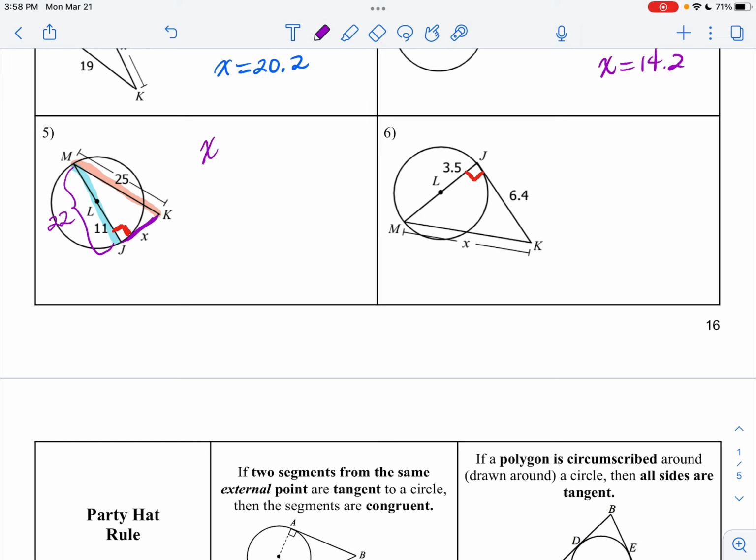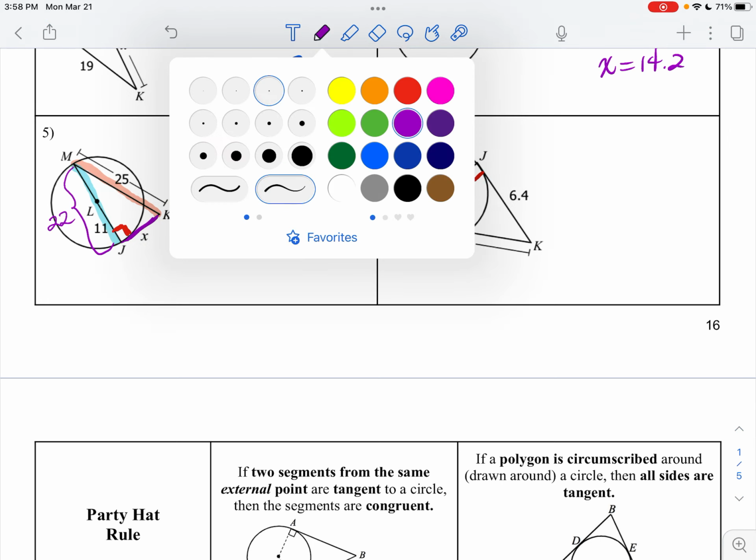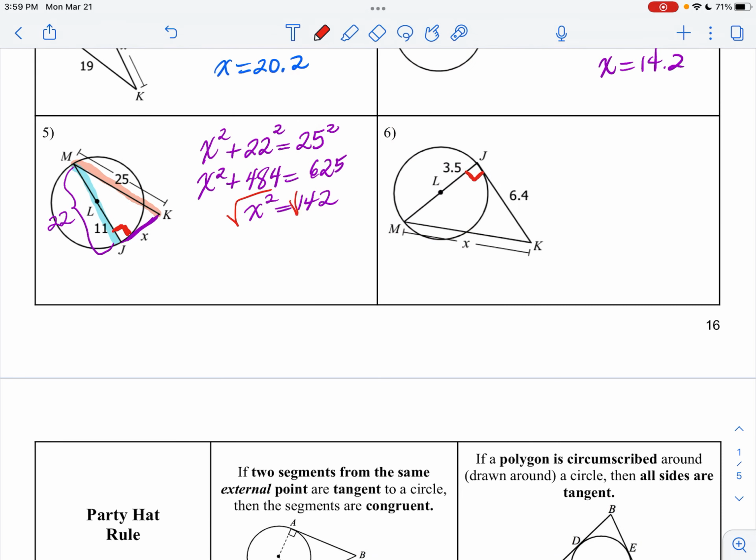So your equation would be x squared plus 22 squared equals the hypotenuse squared. Okay, so subtract 484, and that gets us from 625, 142, square root, and x equals about 11.9.